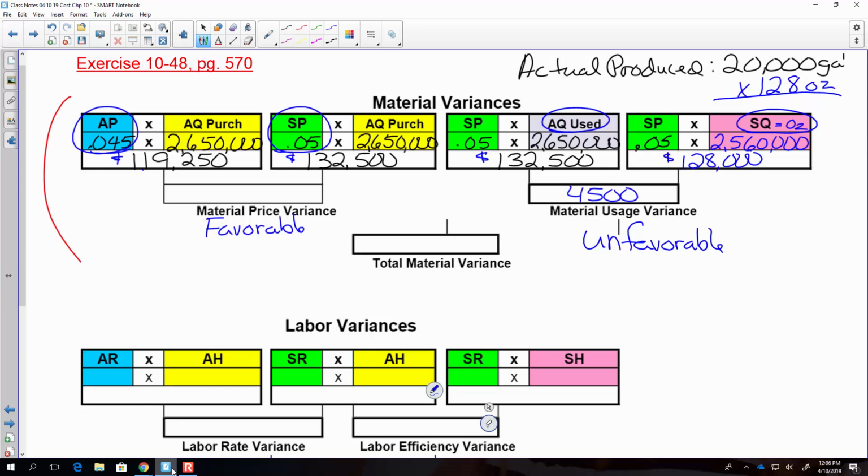For the price variance, I'm looking at 13,250. And total variance is how much? 8,750, because I can net the two. Which direction? Favorable, right?